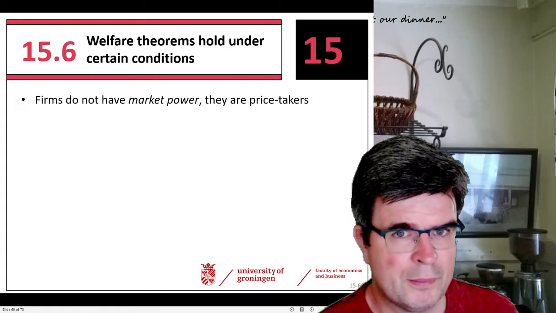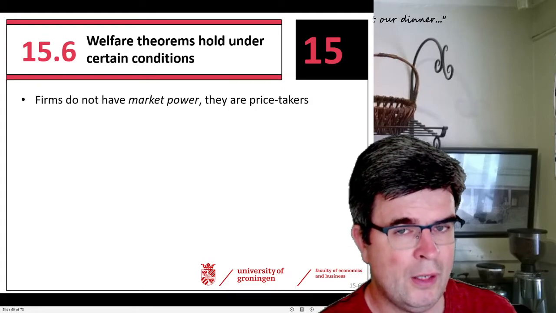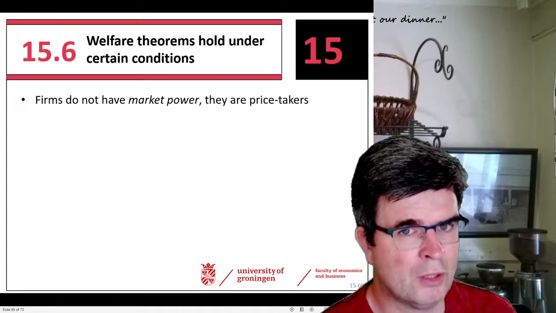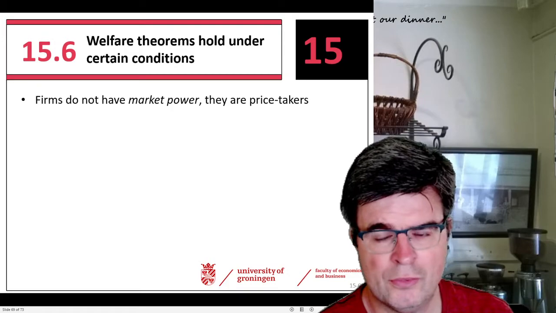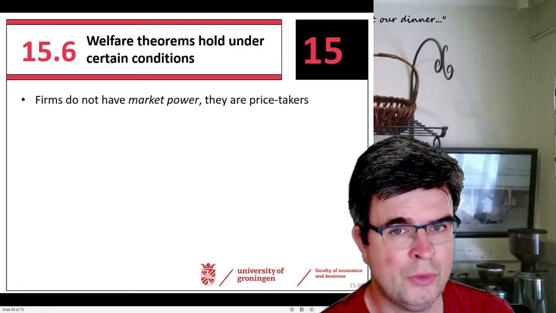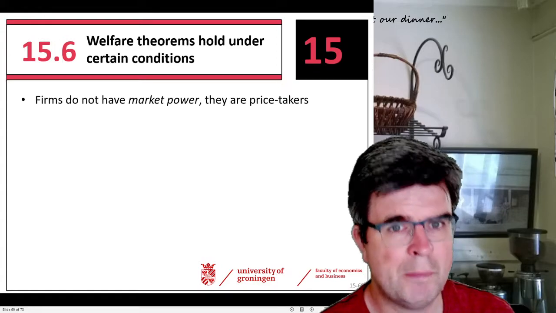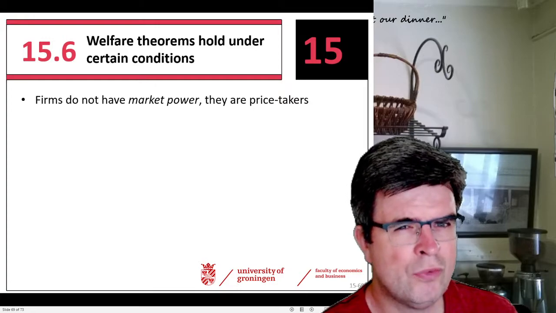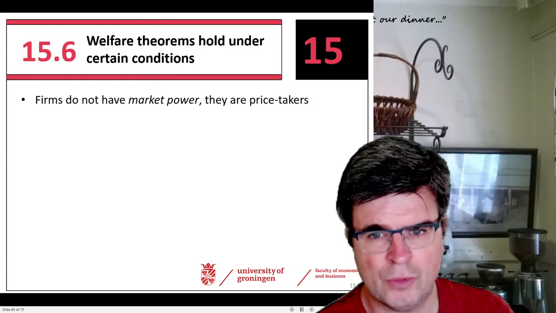The welfare theorems are important, but they hold under quite stringent assumptions. So markets need to be perfectly competitive, which implies that firms should not have market power. So they should be price takers. They should not have any power to influence the price that they obtain for their products.